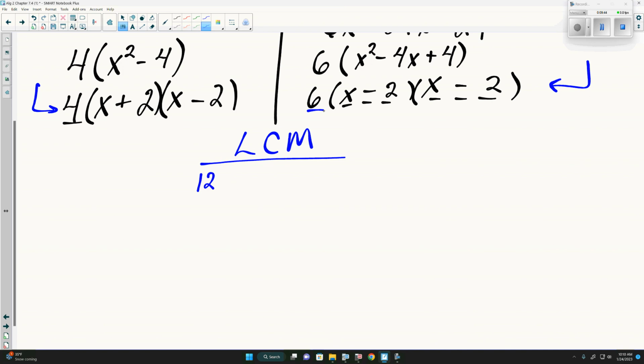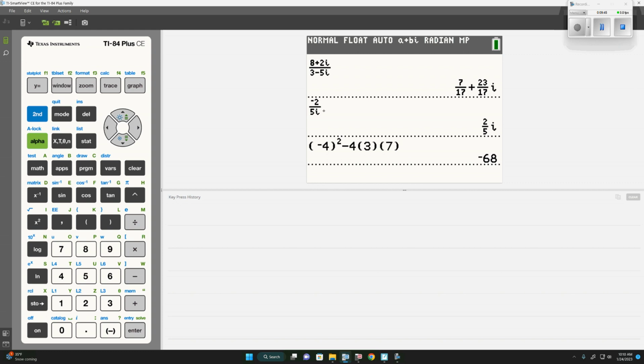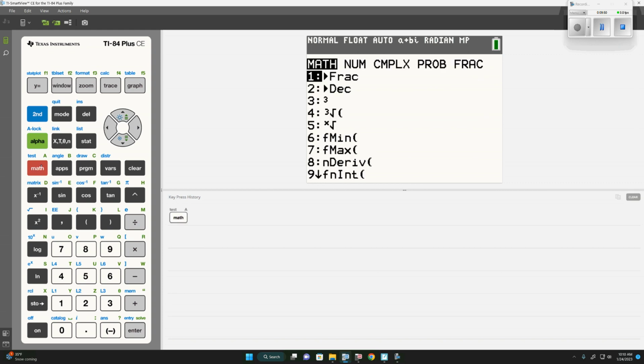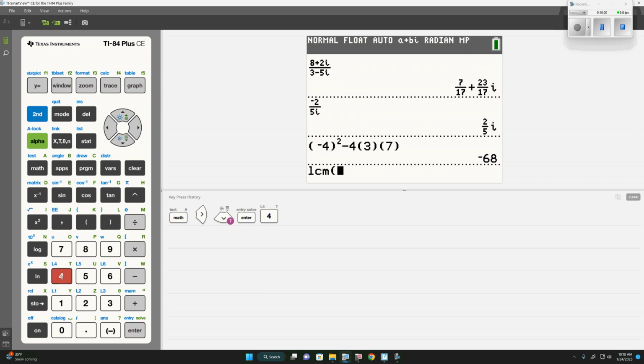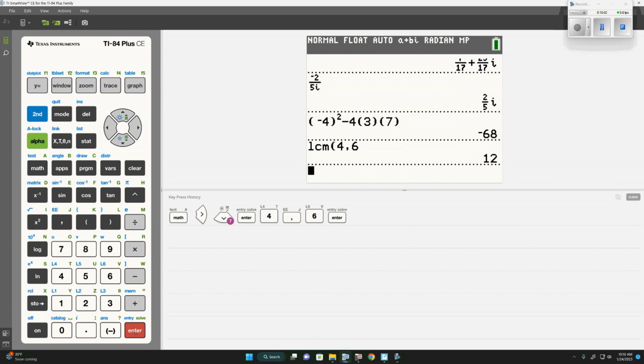Now, the graphing calculator, if we go to math and over to number, if you look down here, number 8 is LCM, least common multiple. It'll do it for numbers. So we can do 4, 6, enter, and it'll tell us what the least common multiple of those two numbers is. It can only do 2 at a time.